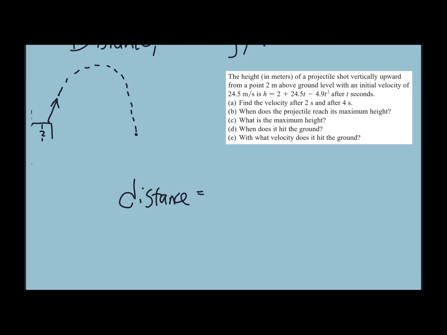And big shocker, negative 4.9 t squared is your acceleration, because you're going to have an acceleration measured in, let's say, meters per second squared times time squared. That's seconds squared, and you end up with meters. So distance is always measured in terms of distance. I know that's crazy, but maybe it needs to be highlighted sometimes.